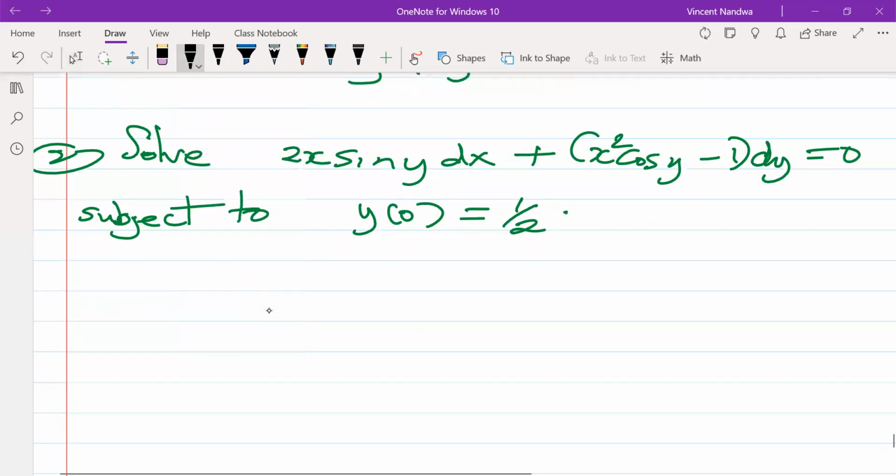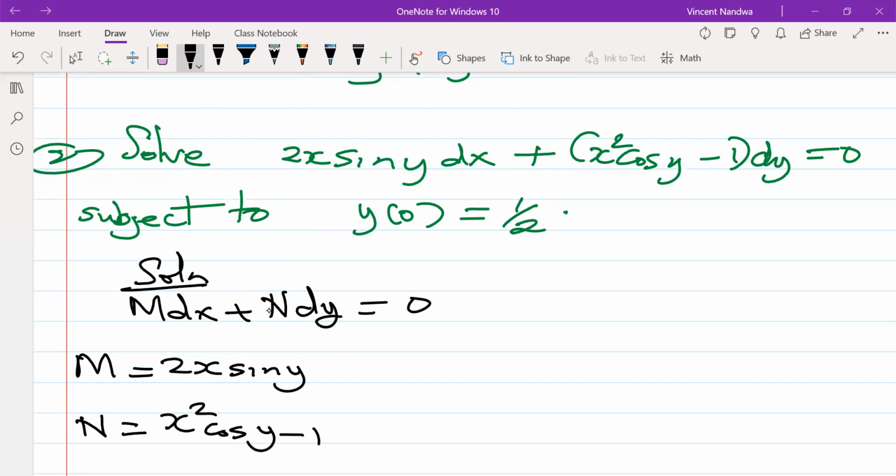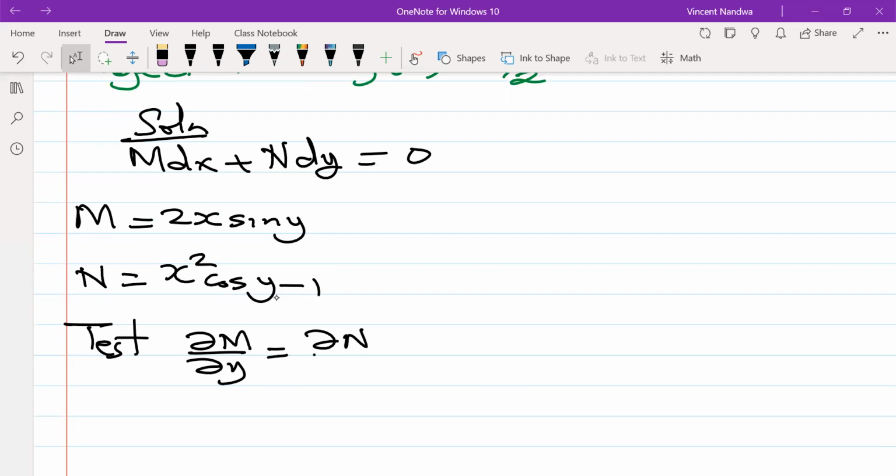In this case, we see that the equation is of the form M dx + N dy = 0. So M is 2x sin y, and N is x² cos y − 1. So the test is partial M partial y is partial N partial x.